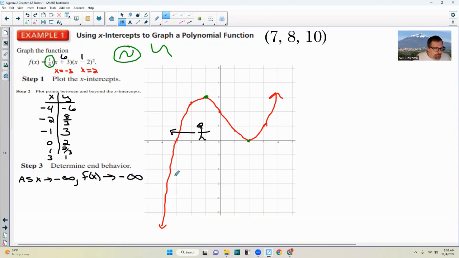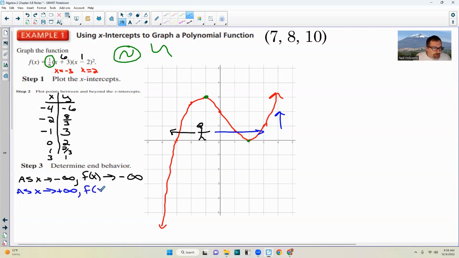So as I'm going this way, I have to look down. But then if I am going this direction, I have to look up. So that's as x goes to positive infinity. You can put a plus in front, but you don't have to.